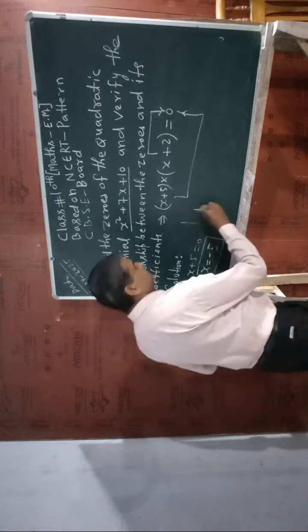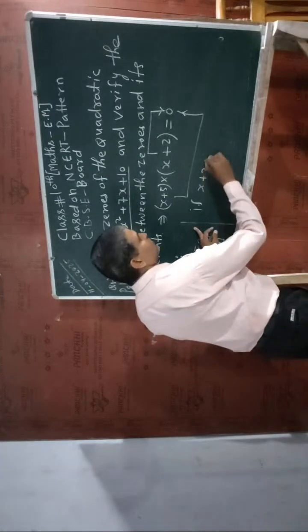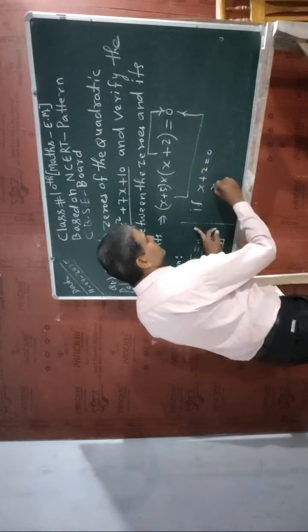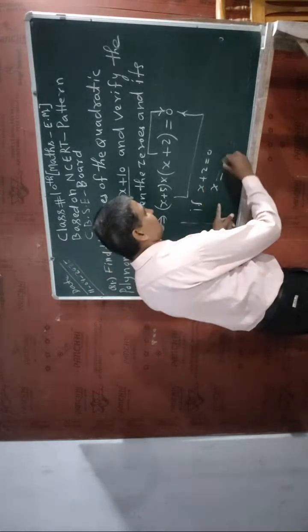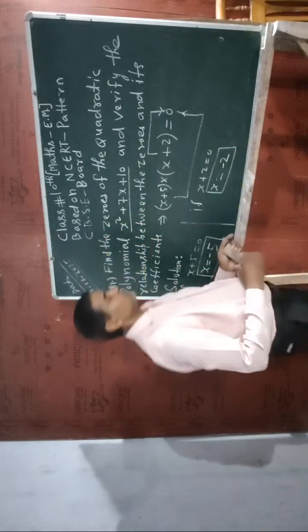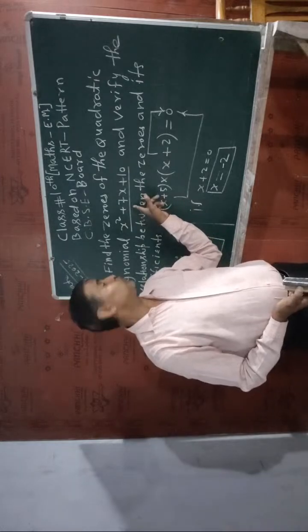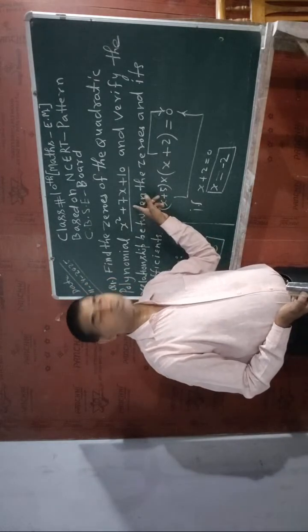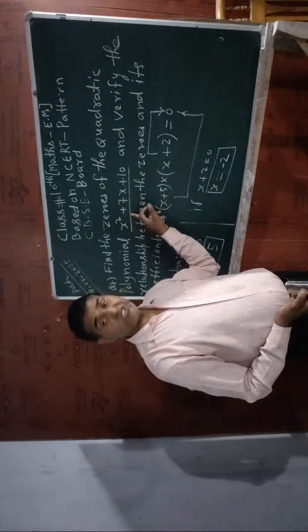Now next step, I will say if x plus 2 is equal to 0, in this case the same condition I will use, because it has a positive sign, it will go to the right hand side and become negative. Okay, student. In other words, we can say that the given quadratic polynomial has two roots, meaning the quadratic polynomial has two zeros.